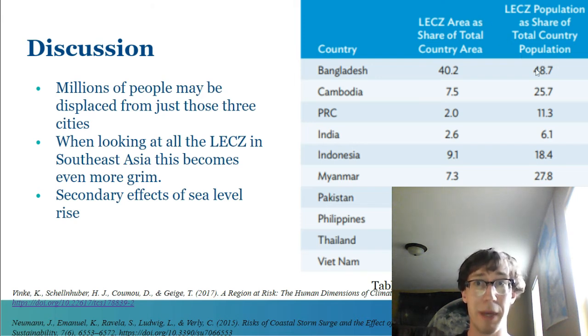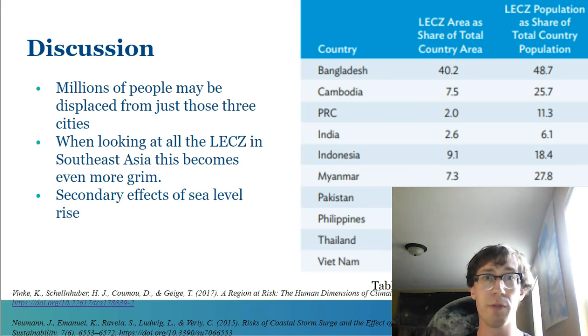Countries like Bangladesh and Vietnam have almost half their population living within these low elevation coastal zones, which are going to be affected either from the primary effects of sea level rise of just having the land loss, or from the secondary effects of sea level rise, such as increased storm surges, increased frequency of flooding, and an increased water table. All these things are going to affect the inhabitants of Southeastern Asia, and it's going to be a driving force in terms of the migration patterns of the people living there.